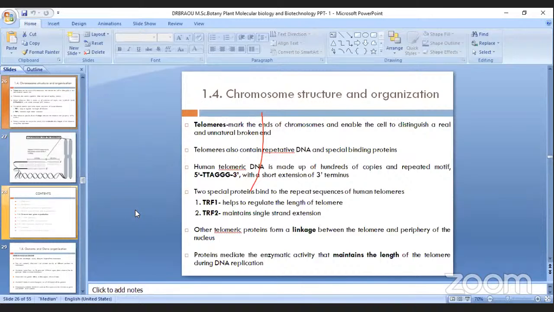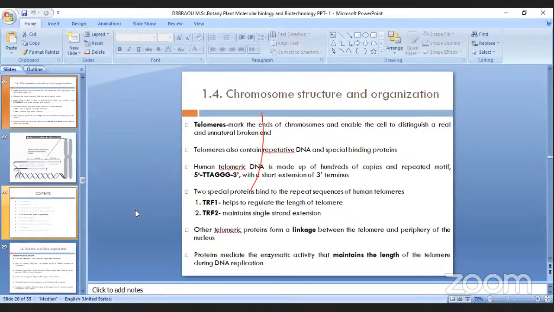The two special proteins here are TRF1 and TRF2.